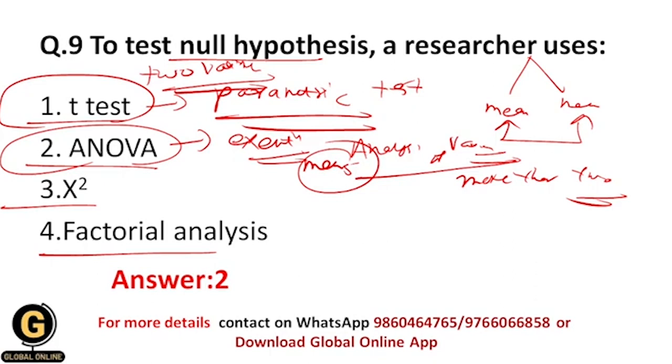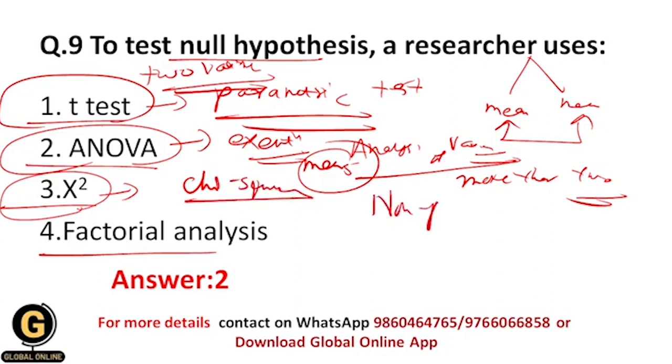Okay, what is chi-square? Chi-square is a non-parametric test, and the chi-square test is done to understand the difference between the expected values and the values that we get through our results basically.